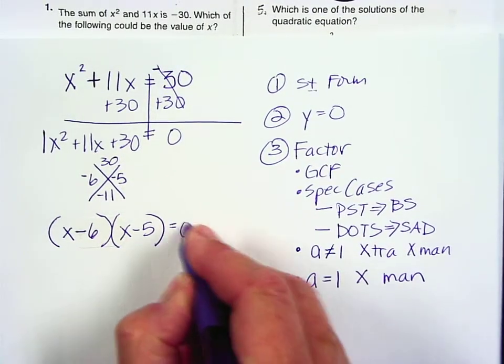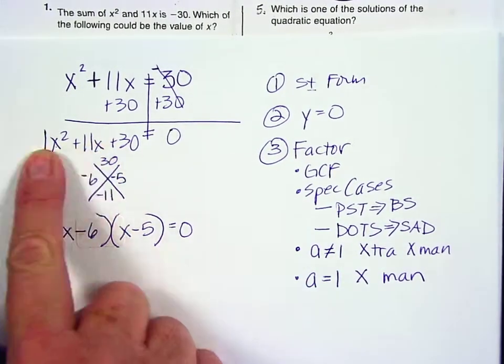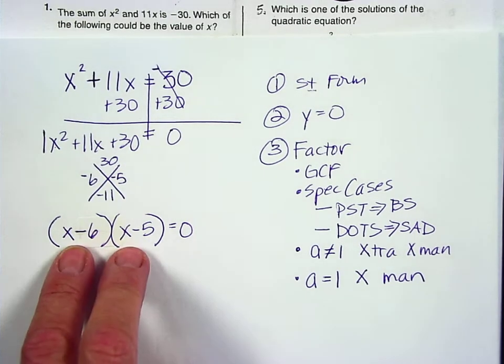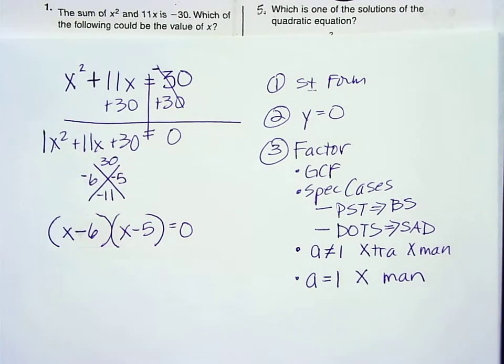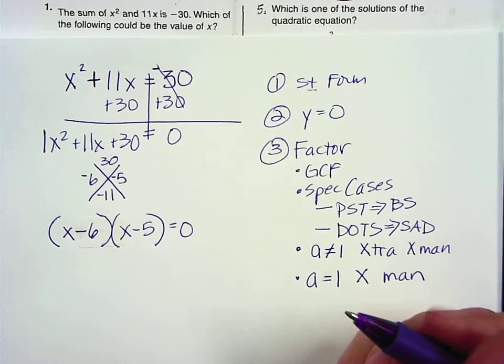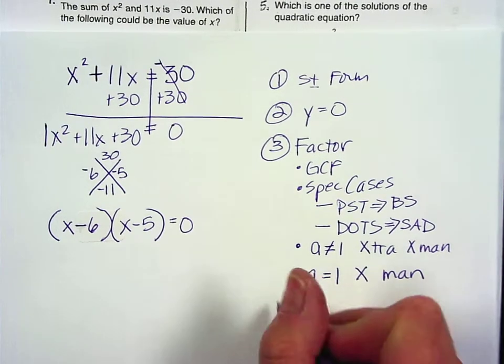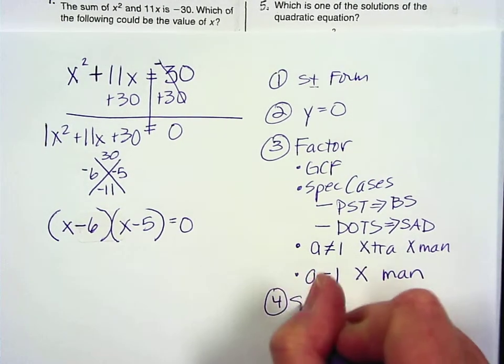These two binomials just replaced this trinomial because they're equivalent. I just factored this to get this. If I multiplied these back together, I would get my trinomial back.